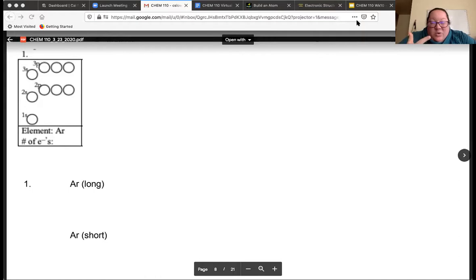The second rule is that because of a property of electrons we call spin, one of the electrons has to point up and the other electron has to point down. Then the really cool part about this is that we take the total number of electrons that we have, and we place them. So let me show you an example of what that looks like with argon.